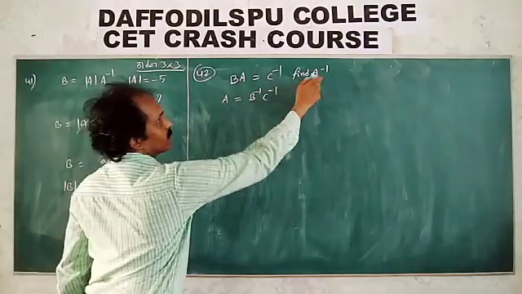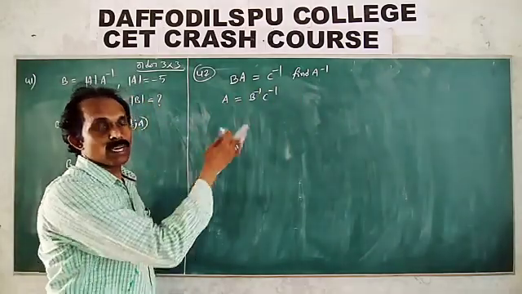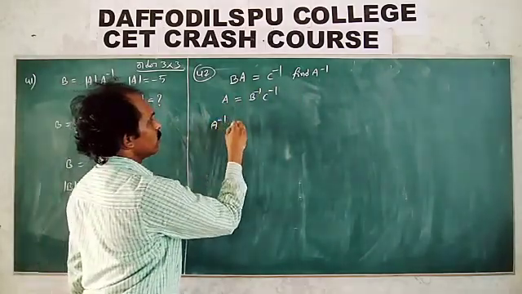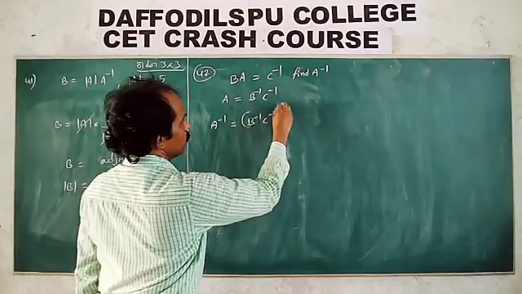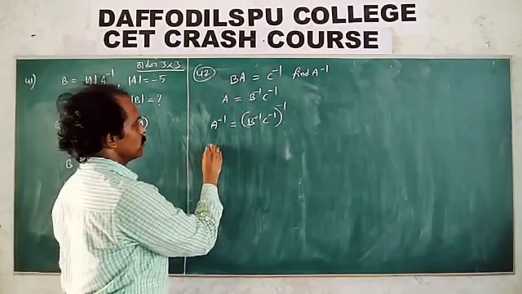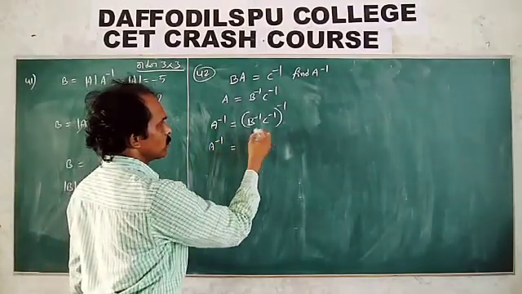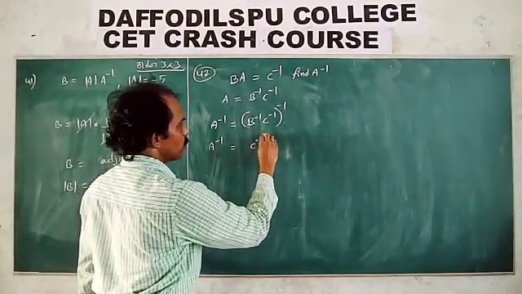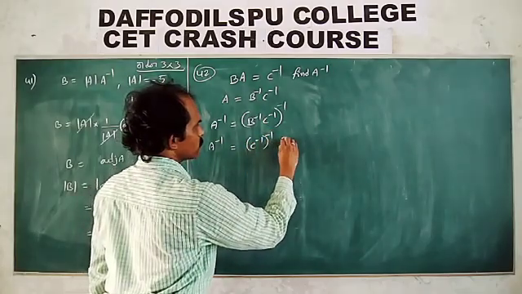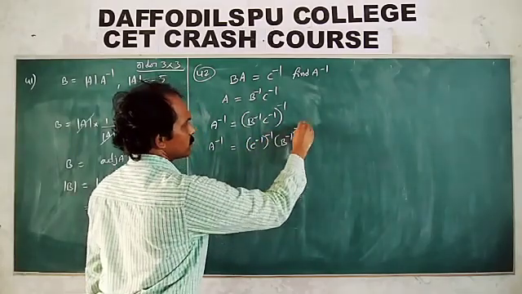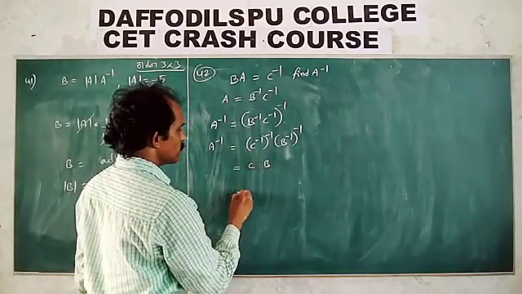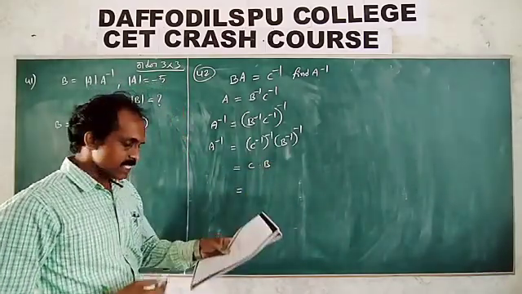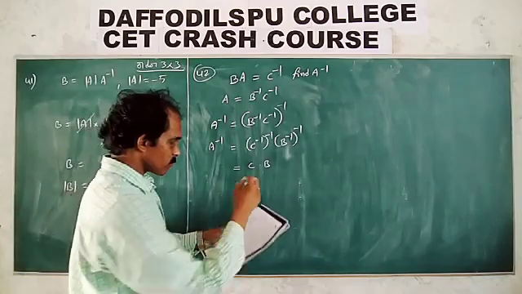We want A inverse. Apply inverse on both sides. A inverse is equal to B inverse into C inverse, whole inverse. Therefore, A inverse is equal to C inverse whole inverse, B inverse whole inverse. That implies C into B. So just multiply CB. What is CB?